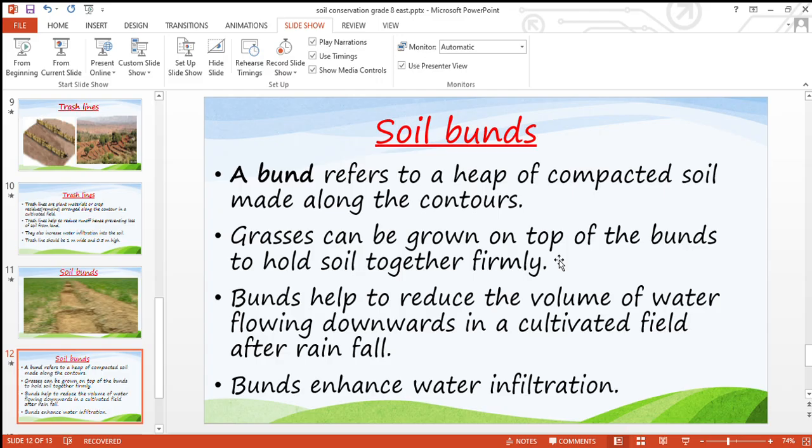Grasses can be grown on top of the bunds to hold the soil together firmly. The third bullet, group 4, can you read for us?